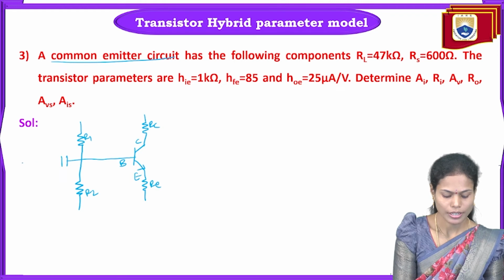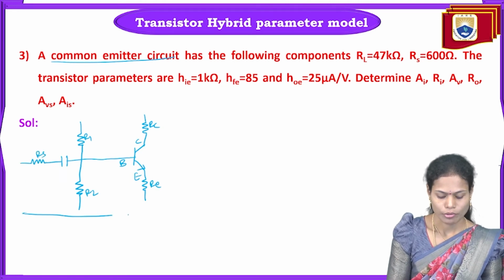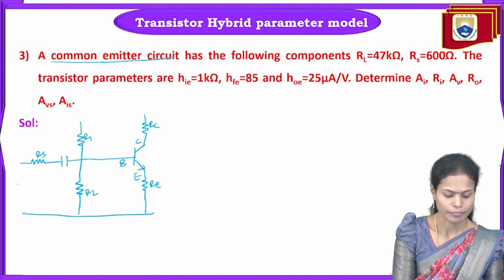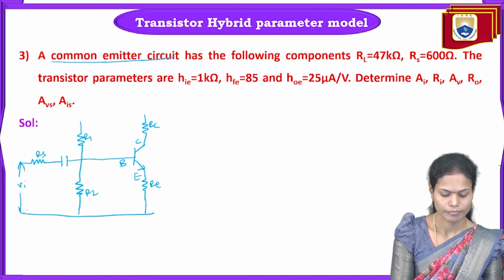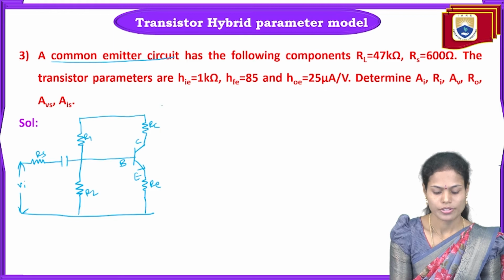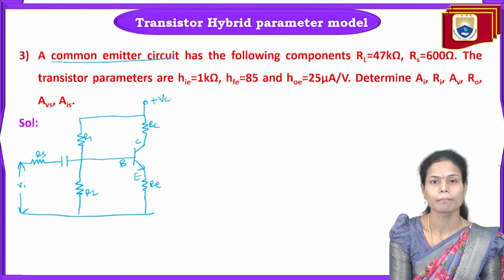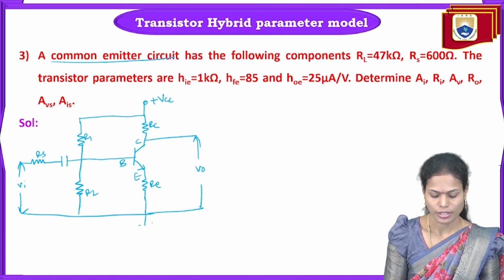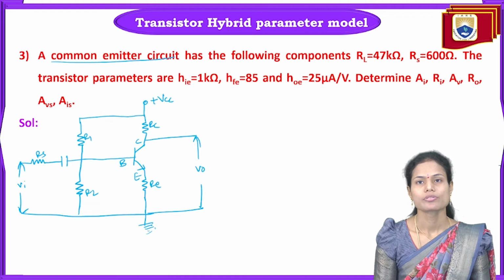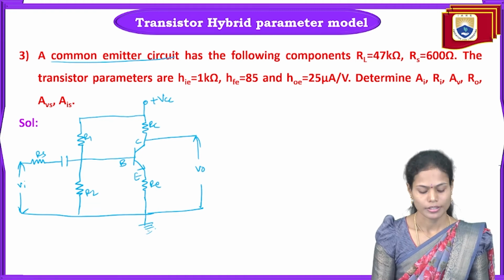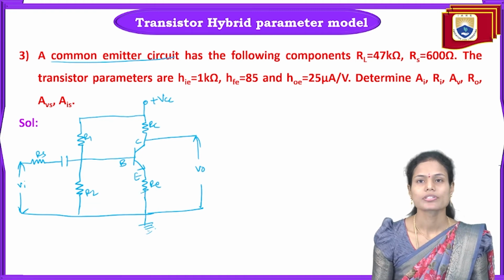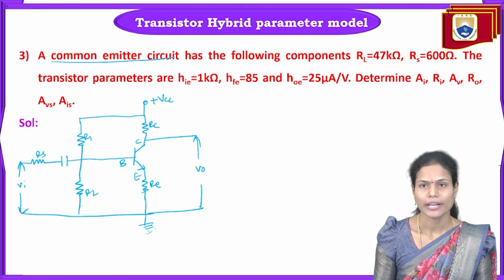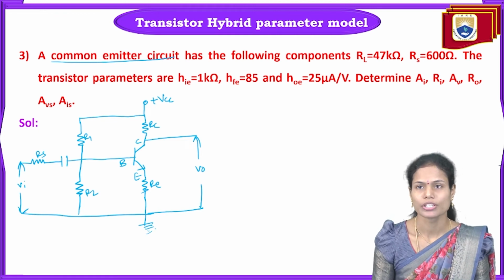Through a capacitor and through the source resistance Rs, we are providing the input signal Vi. This is connected to the supply voltage, and here we will measure the output voltage across the collector terminal. So this is the circuit for the given problem, and next we will write the given parameters and what parameters we need to calculate.